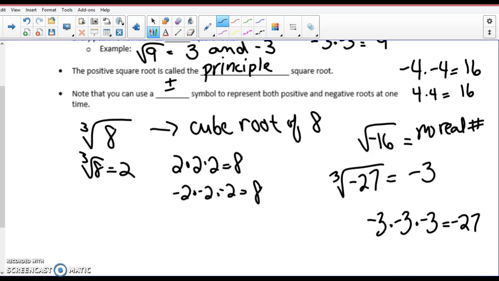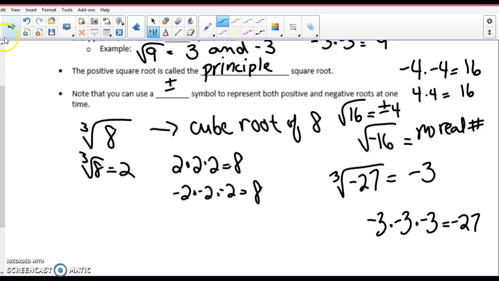But when you take the even number root of a positive number, what's the square root of 16? Will that be just 4? And plus and minus 4. Even roots, there are 2 of them, plus and minus. And odd roots, there is only 1. It's either positive or negative.